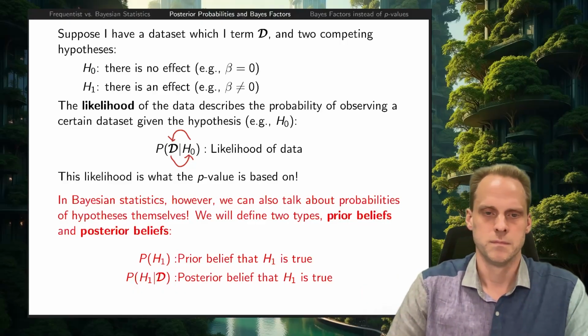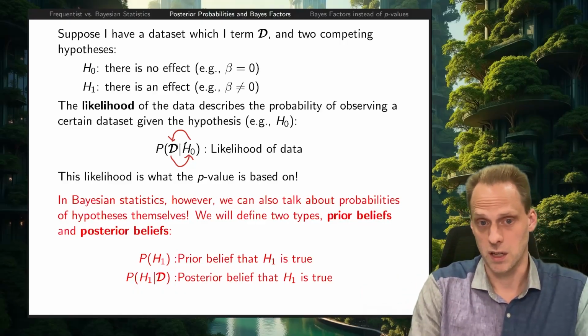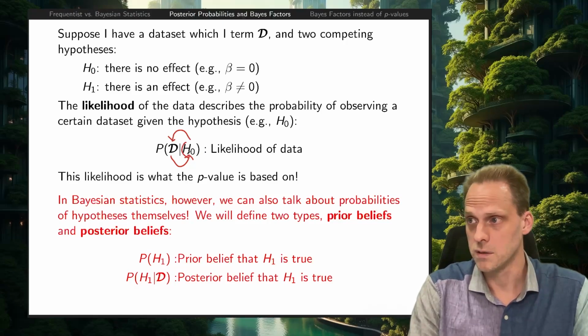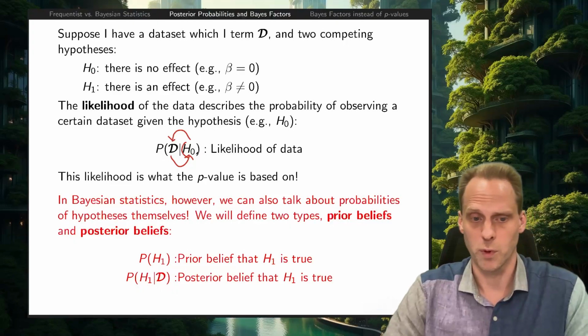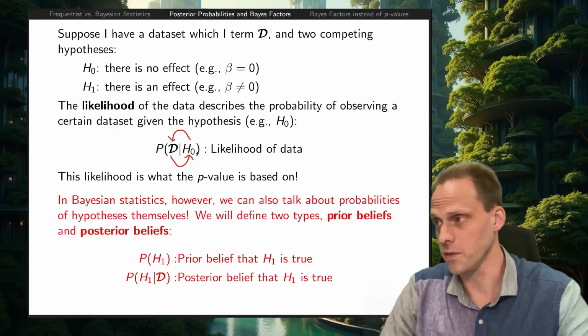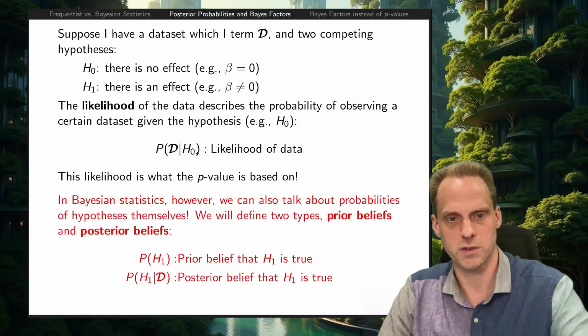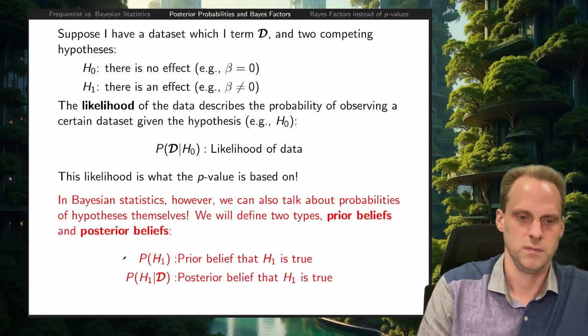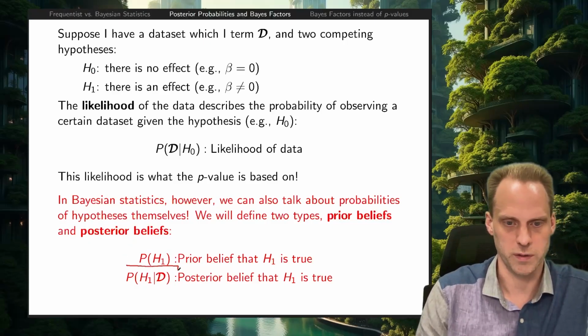Why? The Bayesian is interested in the probability of the hypothesis. What's the probability of that hypothesis being true given the data? So the Bayesian wants to flip this around into what we call posterior beliefs.